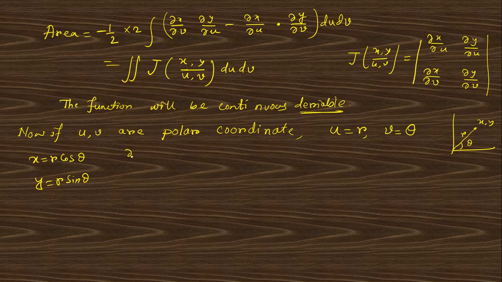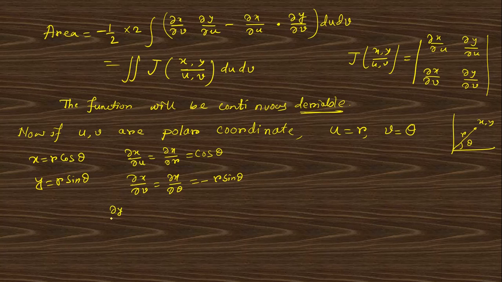So ∂x/∂u is nothing but ∂x/∂r. If you take the partial derivative with respect to r, this gives you cos theta. And what is the value of ∂x/∂v? That is ∂x/∂theta. If you differentiate with respect to theta, this will be minus r sin theta.